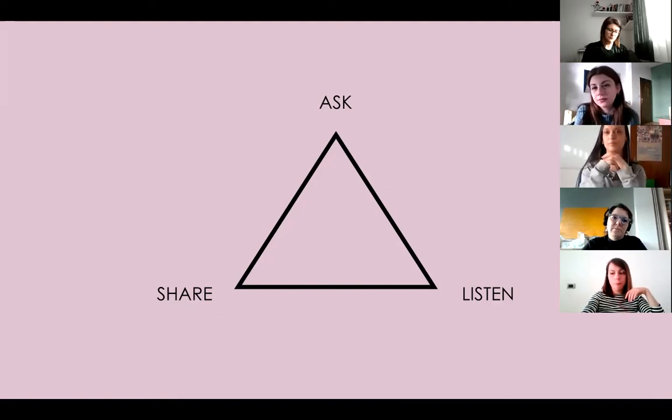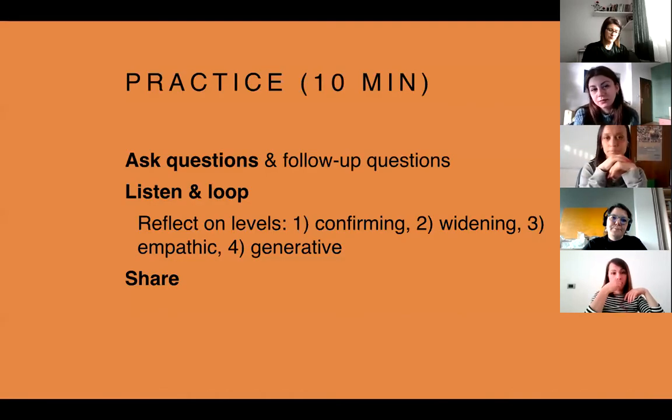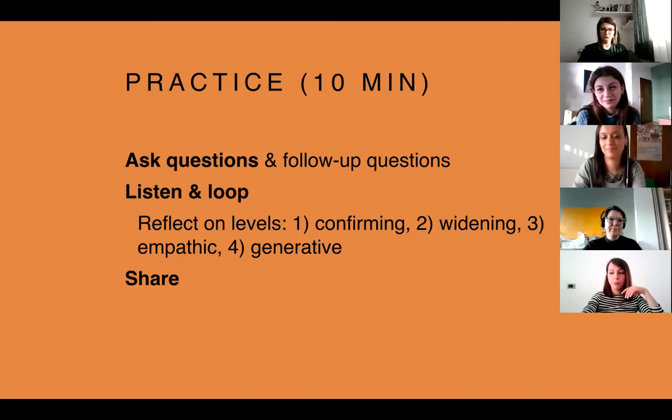So let's try it. And let's practice it with each other. Some of you are perhaps close to each other already in the same bubble. So it's not going to be that kind of tense conversation probably, but perhaps you could look for something where you believe something different and you can try to discuss that.